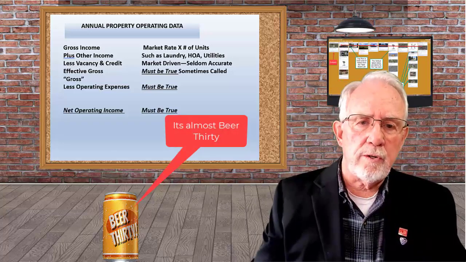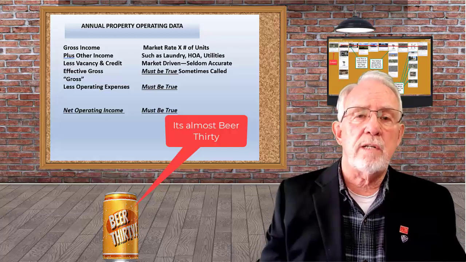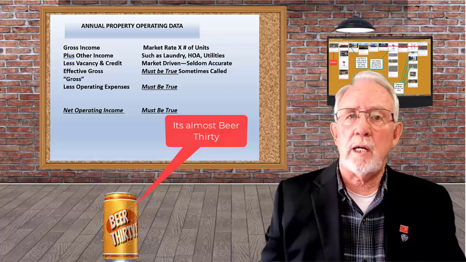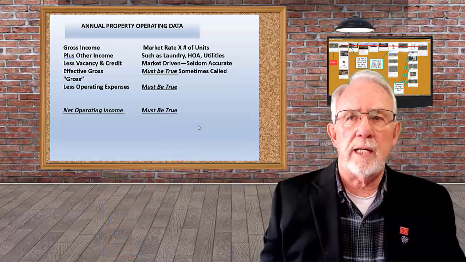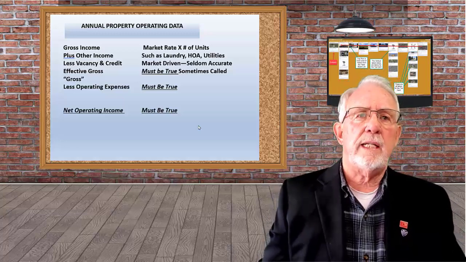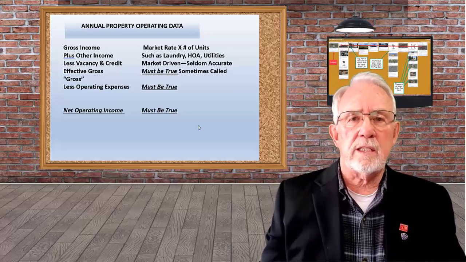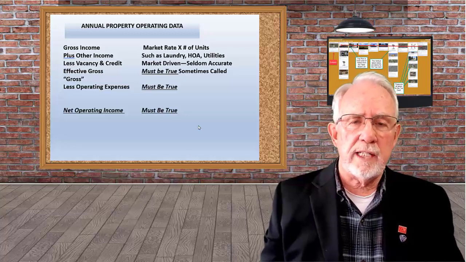You can add your other income, but if you add income, you need to be sure and take care of it in the expenses. Less vacancy and credit, that's market driven. I get sellers saying, well, I've never had a vacancy. This thing is full all the time. And even at the meetings, we see where brokers do not use a vacancy factor. A lender is going to require a vacancy factor.